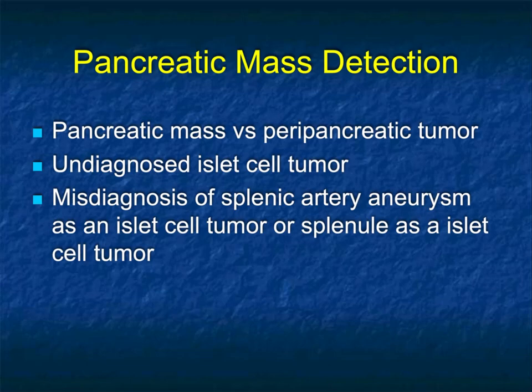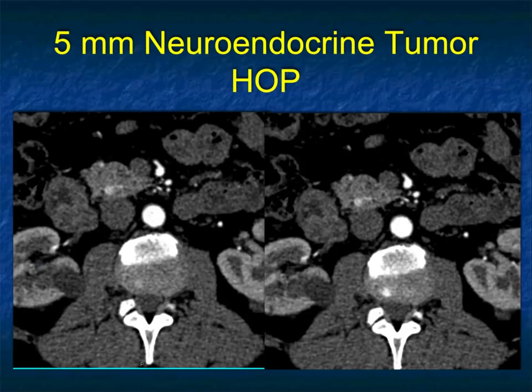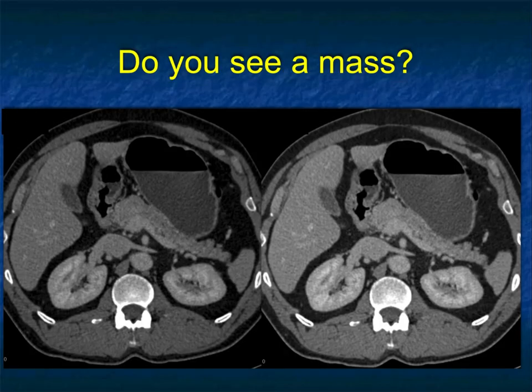Whether you do an MR scan or go right to EUS, you need to do something. Now, one of the things we are seeing now with neuroendocrine tumors, because CT is so sensitive, we are picking up small neuroendocrine tumors. The standard of care these days is under 1 centimeter to simply follow these lesions.